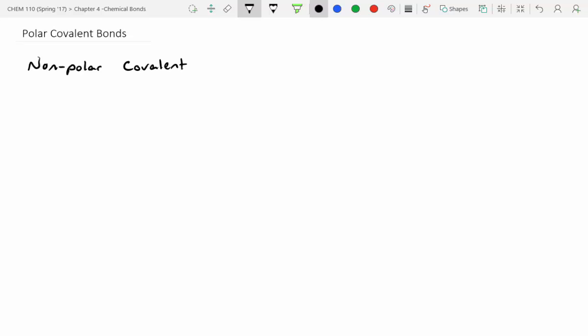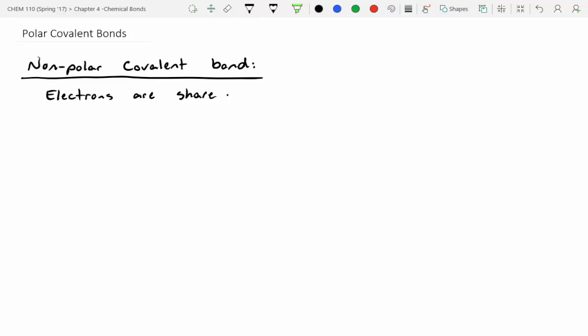And these are always covalent. And a nonpolar covalent bond is where electrons are shared equally between two atoms.